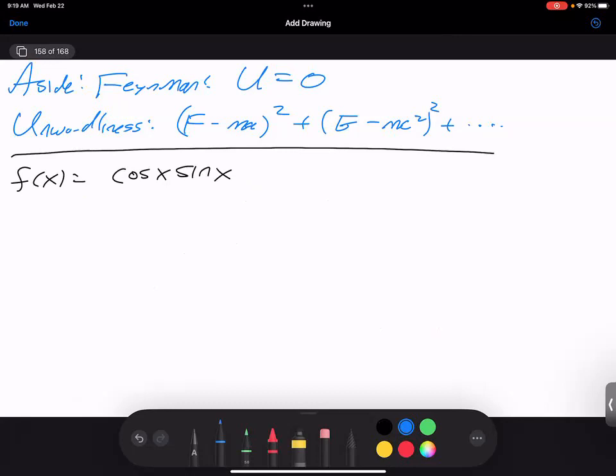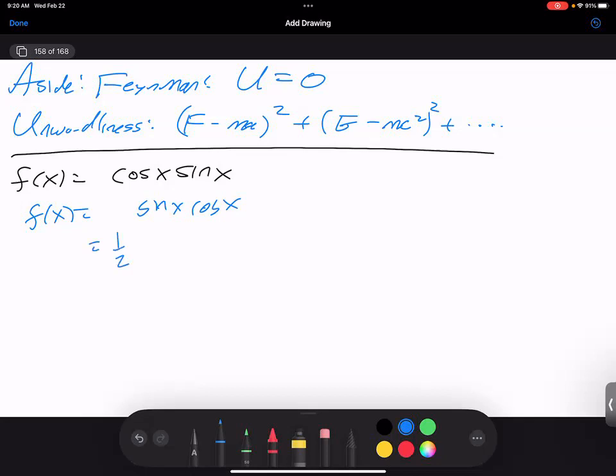So much of life is about, can you recognize things? What if instead I gave you f of x is sine x cosine x? Does that remind you of anything? So sine x cosine x, does that remind you of anything? Sine 2x, what's the sine of 2x?